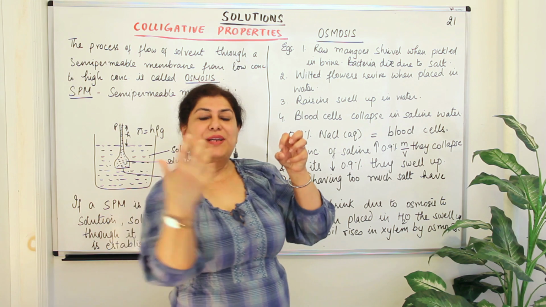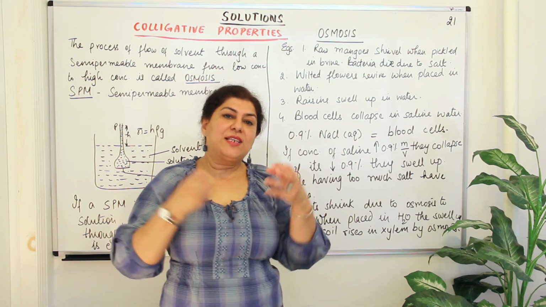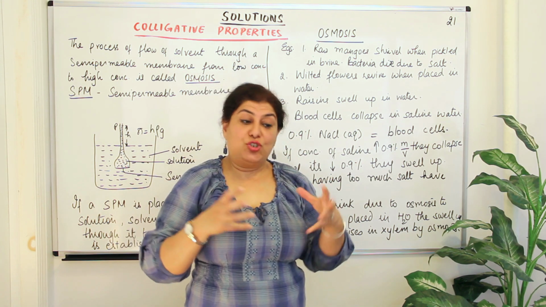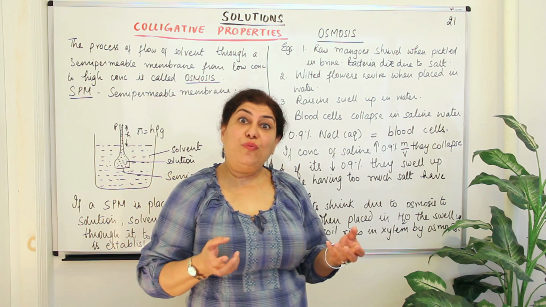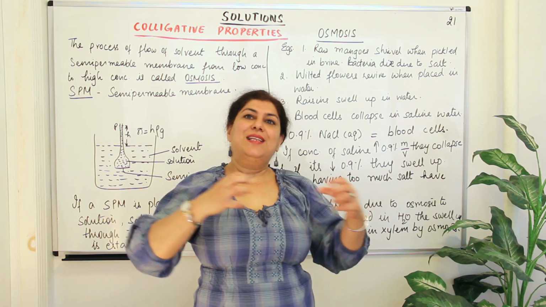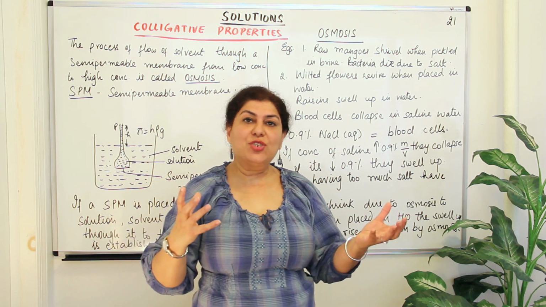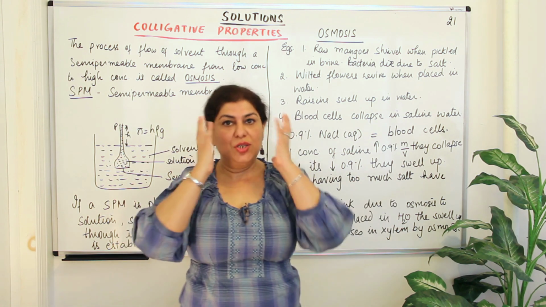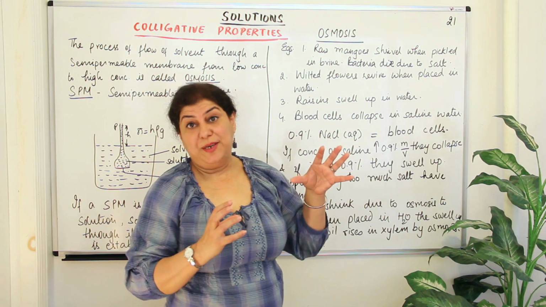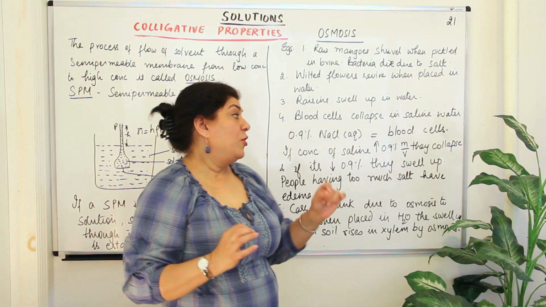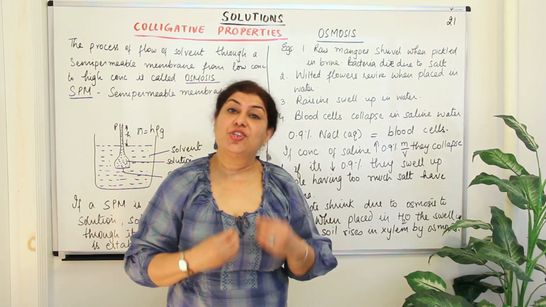The water present in the body fluids gets absorbed by the cell so that the concentration becomes equal by endosmosis. As a result, the cells swell up. When they swell up, the person looks really swollen, and that condition is said to be edema, that the person has edema or water retention in their body.